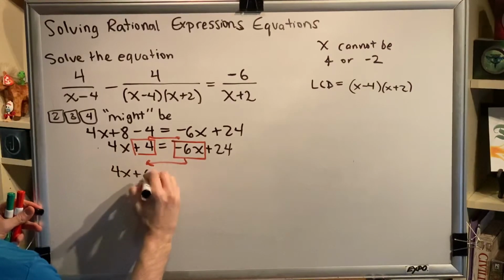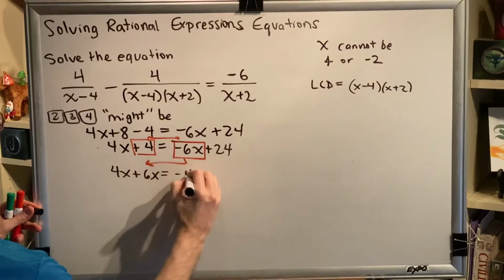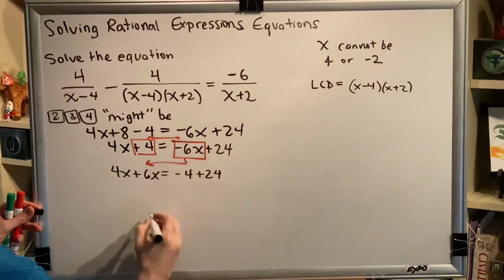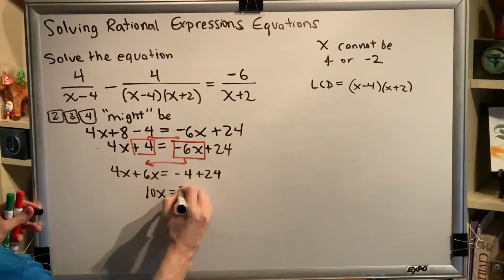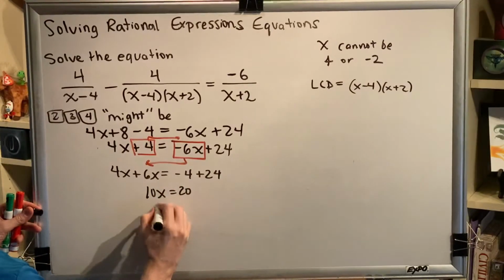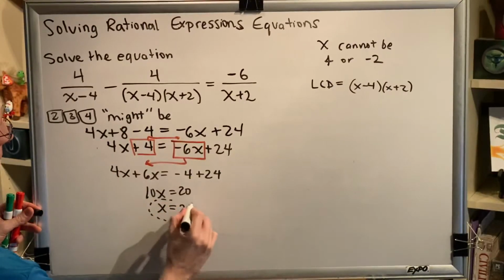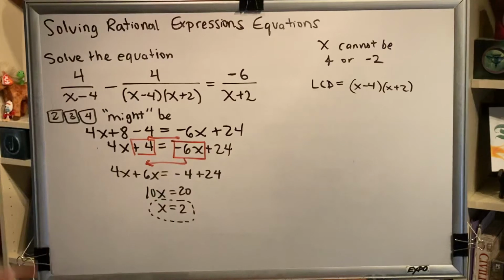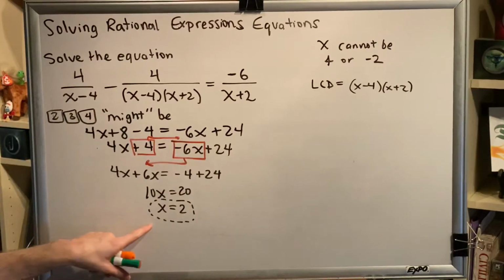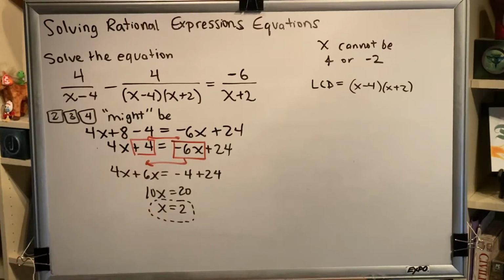So I get 4x plus 6x equals negative 4 plus 24. 10x equals 20. And by dividing both sides by 10, we get x might be 2. I'd like to remind us all that in steps 2, 3, and 4, we're finding what the answer might be. We found that the answer might be 2.